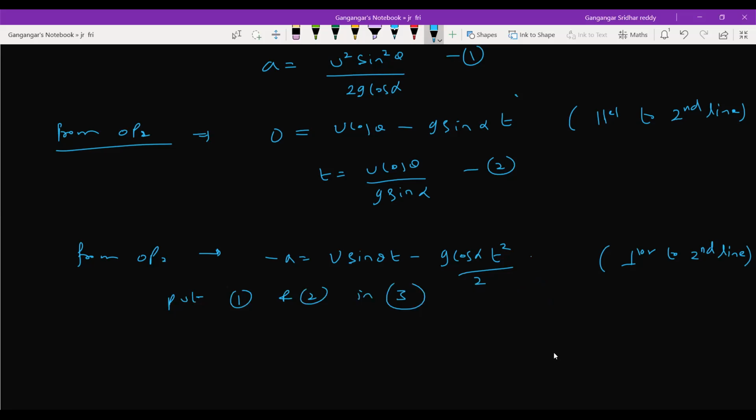So we have to solve this. Okay, let me substitute it. So this will be minus of u square sin square theta by 2g cos alpha equal to u sin theta.